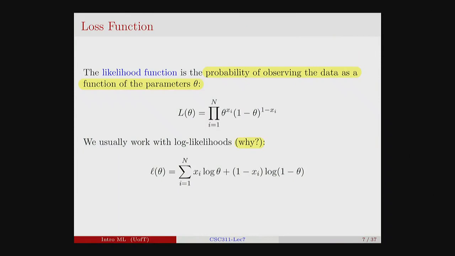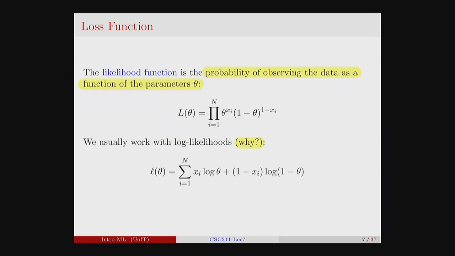So we're going to say that the joint probability distribution of observing the data as a function of our parameters theta is going to be called the likelihood, because it's a function that tells us how likely the observed samples are under the model that we have. And the likelihood function for this data under this model is given to us by the product of P of xi given theta. It's just the joint probability of observing all of the events, which is the likelihood of the data, and it's the product that we had in the previous slide.